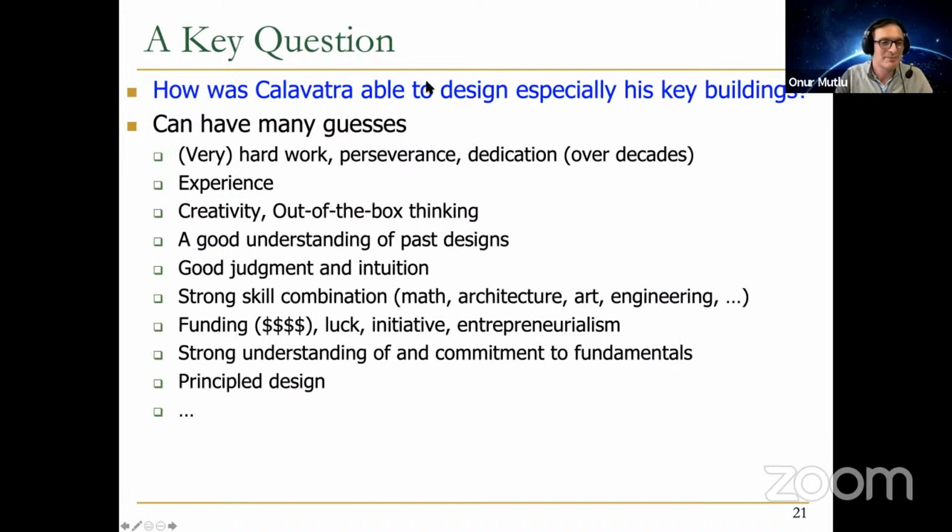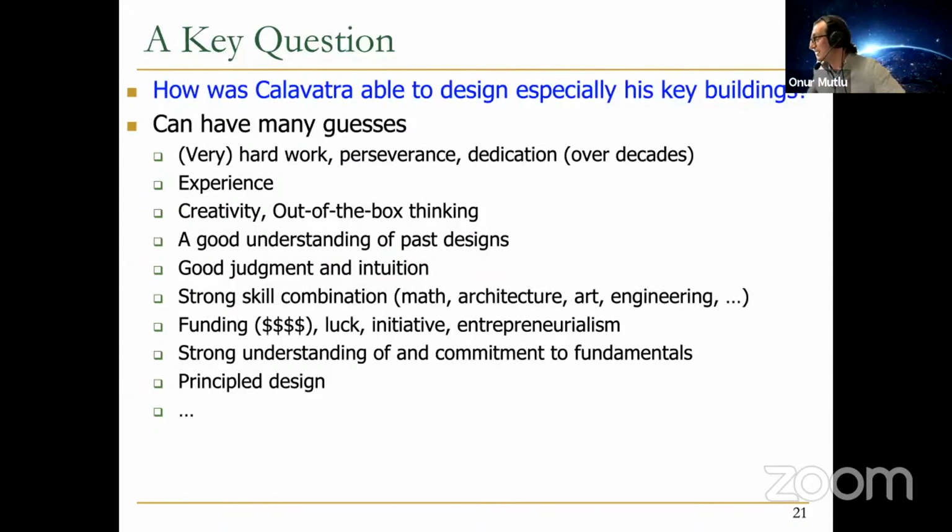And here are some properties that I believe are apt to attribute to Calatrava: very hard work, perseverance, dedication over decades, experience that's built because of the first bullet over here, creativity, out-of-the-box thinking, a good understanding of past designs. We talked about if you understand the past designs well, you can actually do better than the past designs.